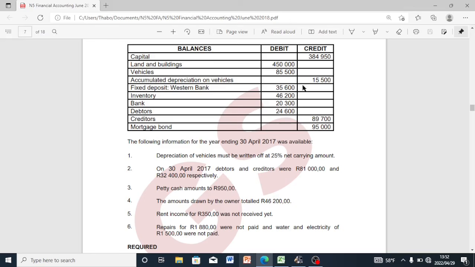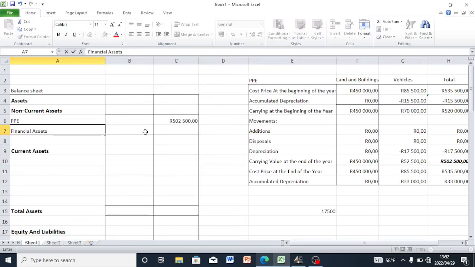So we are going to take this amount as it is recorded on our balance sheet, 35,600. In actual fact, this amount should be recorded here on this column. Let me just do this quickly. 35,600.